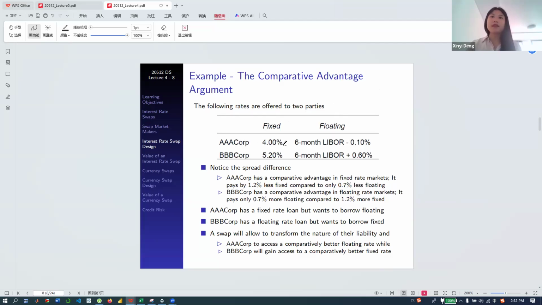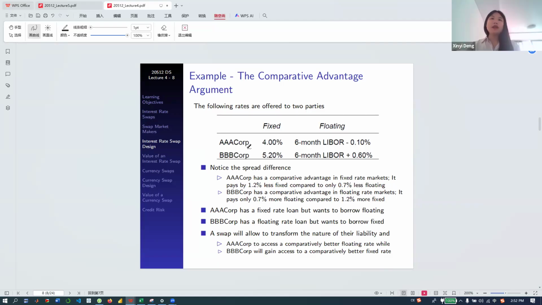It's 4% for the fixed, whereas BBB Corp has 5.2% for the fixed. For the floating, AAA Corp is 6 months LIBOR minus 0.1%, whereas BBB Corp is 6 months LIBOR plus 0.6%. So it appears that AAA Corp has the absolute advantage, so it can borrow more cheaply in both markets.